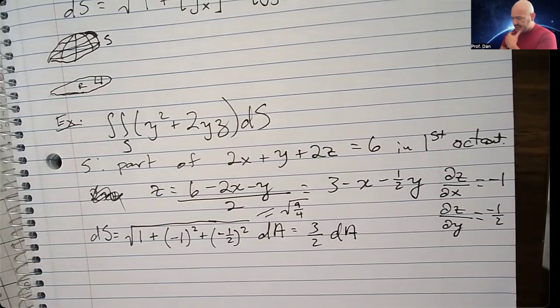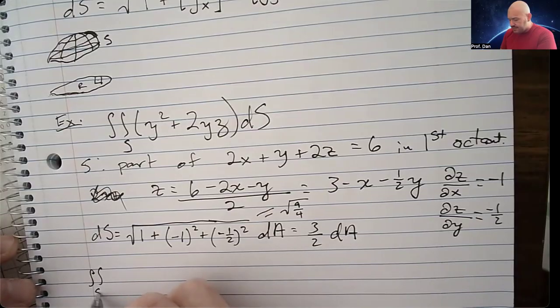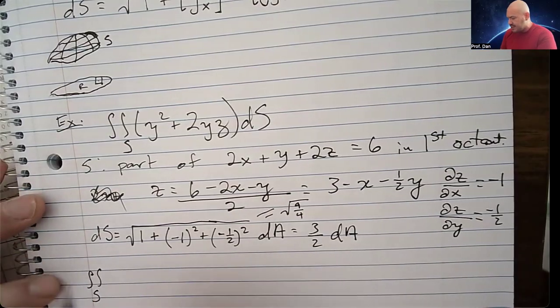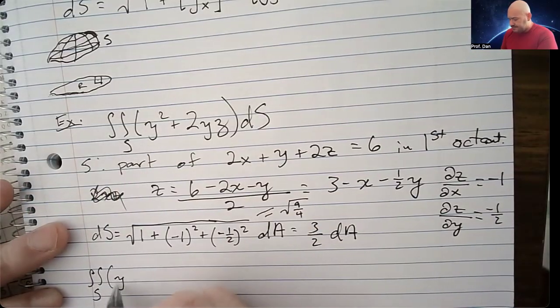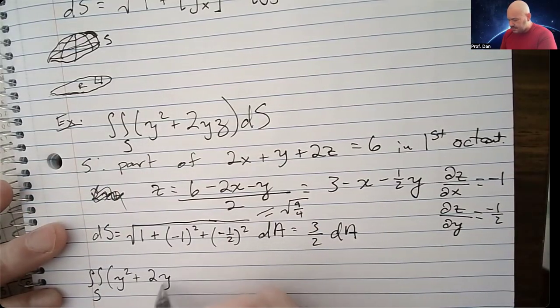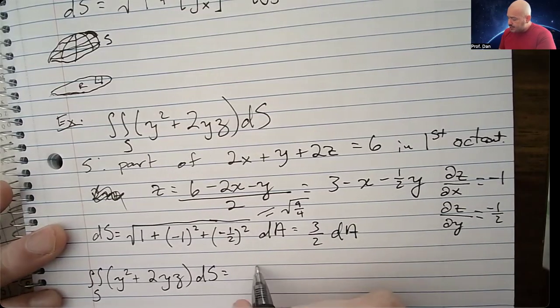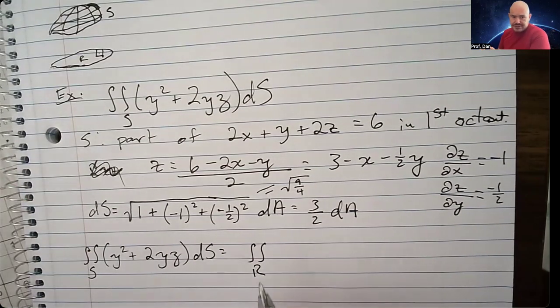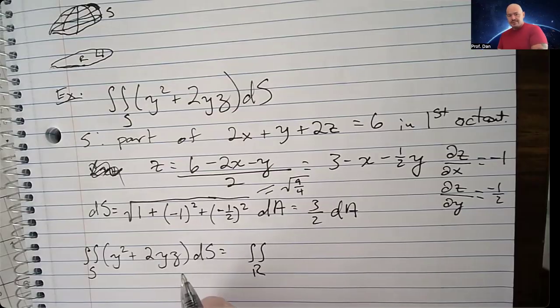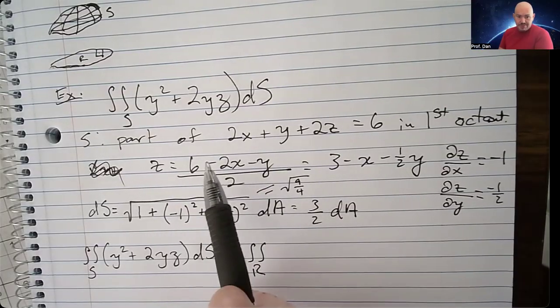So when I rewrite my surface integral, I know that the double integral over the surface of f(x,y,z) dS is going to be equal to the double integral over the region R. And now that I've written R, I should stick to just x's and y's, meaning I need to replace this z with what I got from solving for z with the surface.